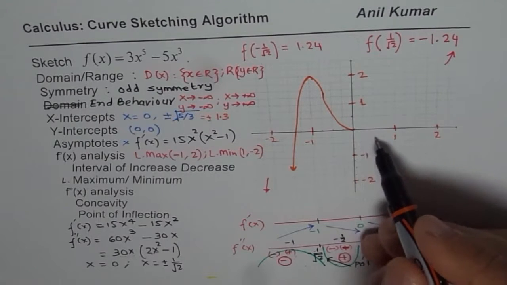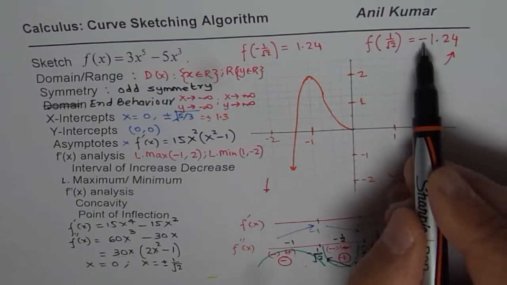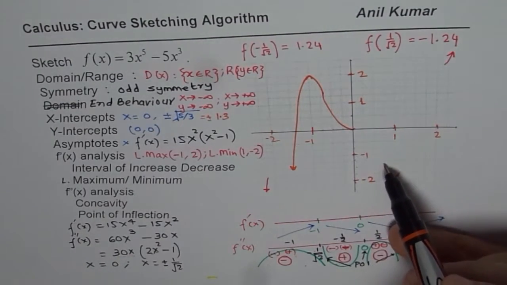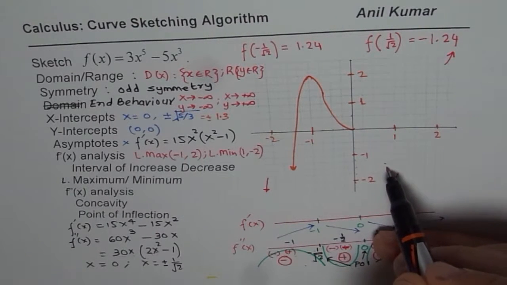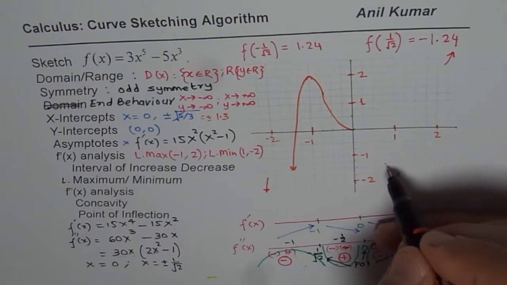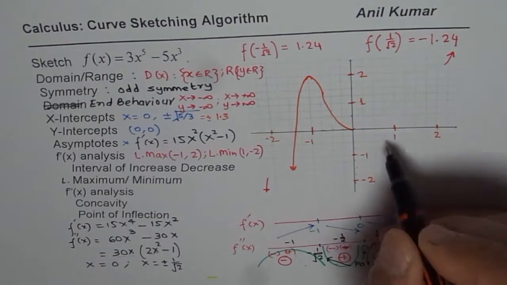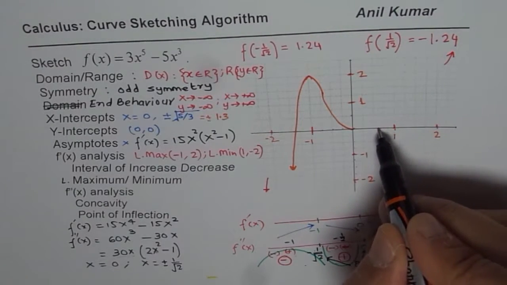Then we have a point of inflection at 1 over square root 2, and the value is minus 1.24, which is symmetric to this point. Do you see that? So that is how you get a symmetric point at the point of inflection, kind of here, right?